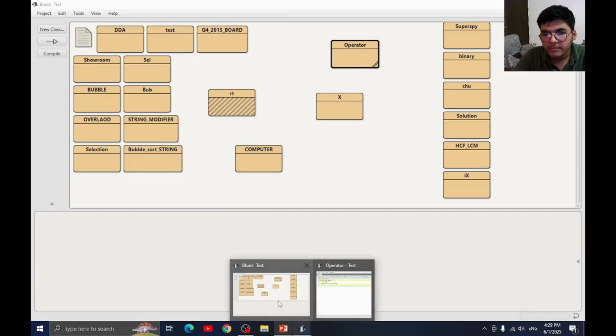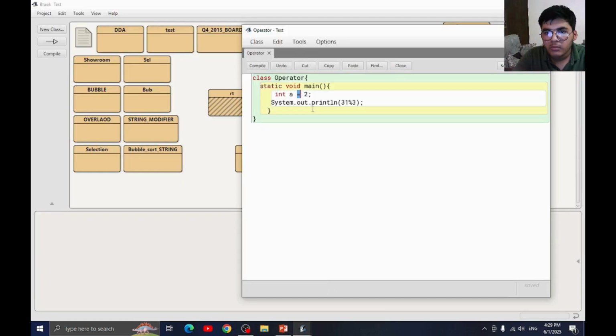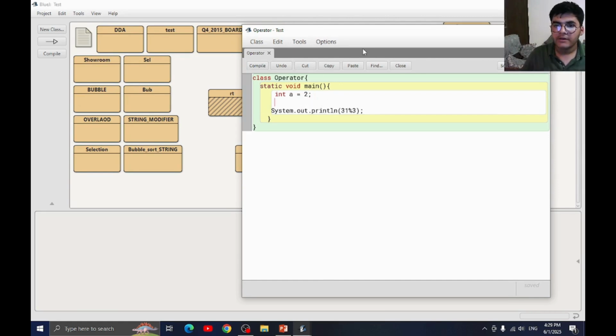Now if we come here and write a is equals to a plus 2, and then we again write a plus equals to 3, what is happening is, let's make a comment, a is equals to a plus 3. This is what is happening here. So what is the value of a?